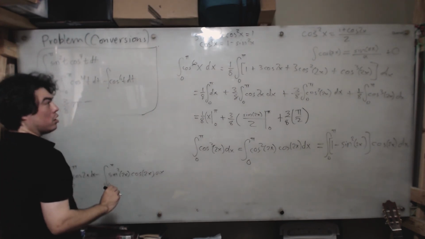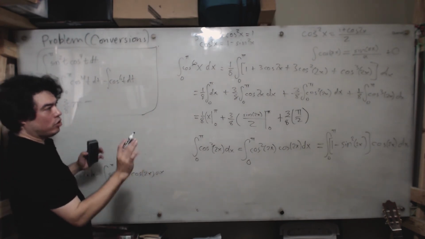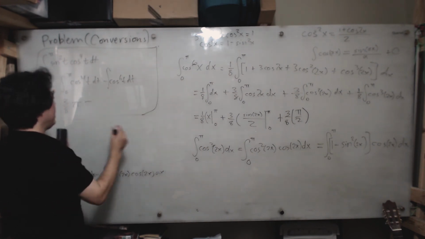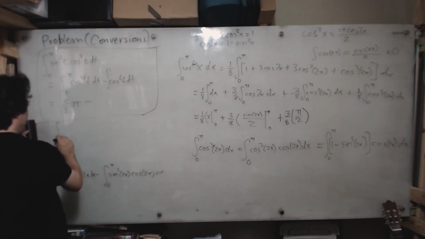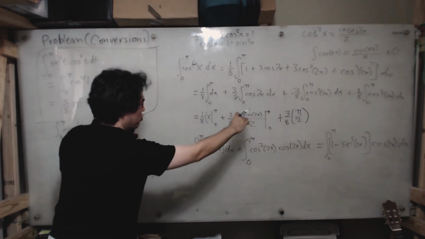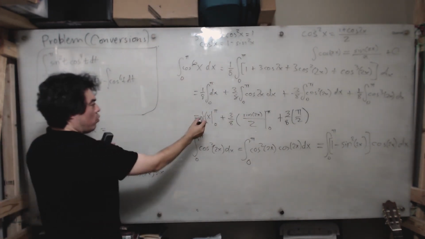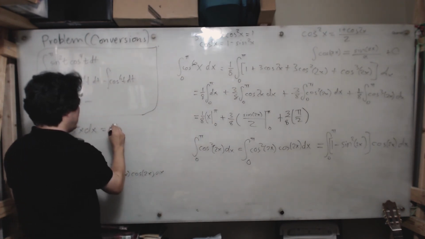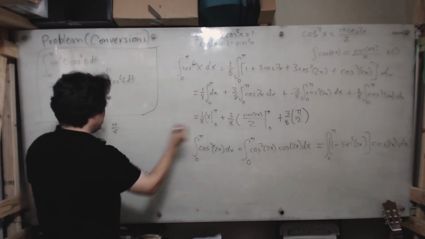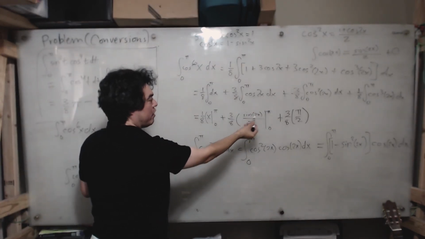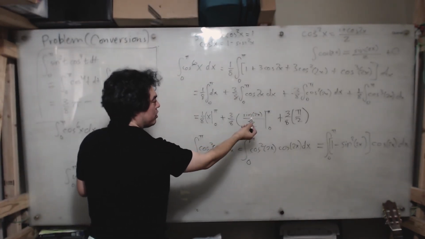What I'm going to do now, even though I don't want to, is focus on this integral a little more. I'm going to erase that, and put the integral from 0 to pi cosine 6x dx, and I'm going to put what I've gotten to over here: equals 1/8 x evaluated from pi to 0. That's 1/8 of pi, so pi over 8, plus, now this part went to 0, right? Sine of 2 pi is 0, sine of 0 is 0, so that's gone.